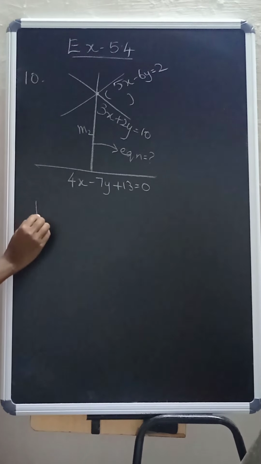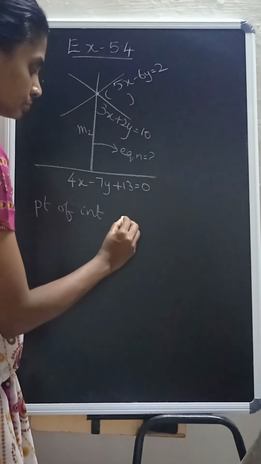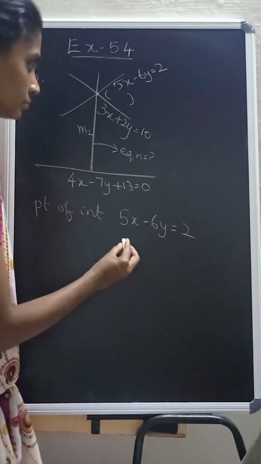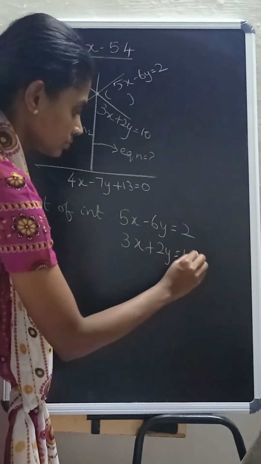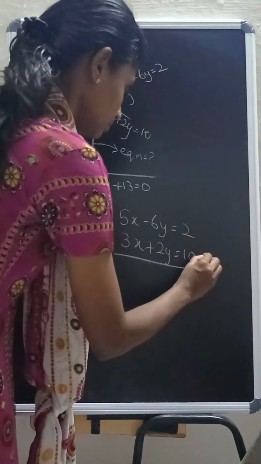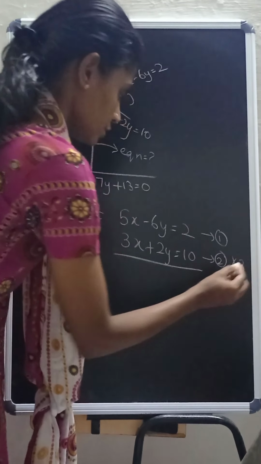Now find the point of intersection. I am multiplying equation 2 by 3.